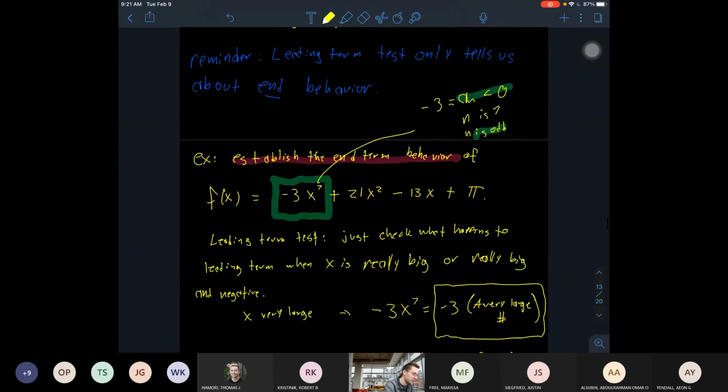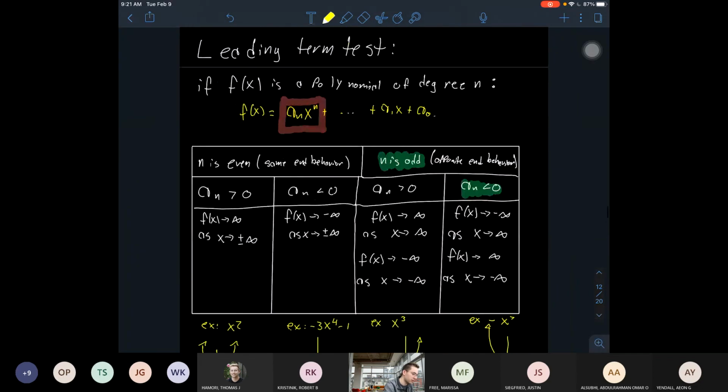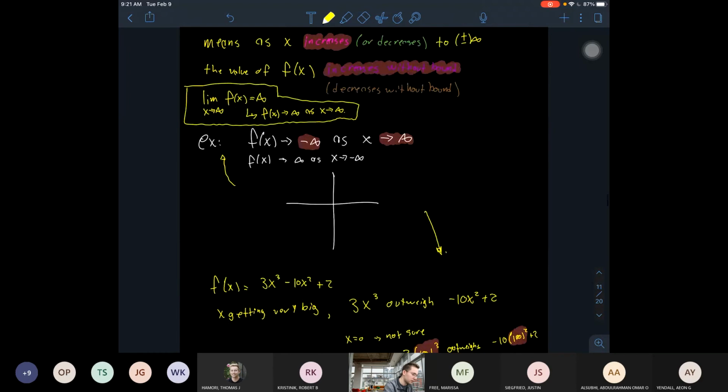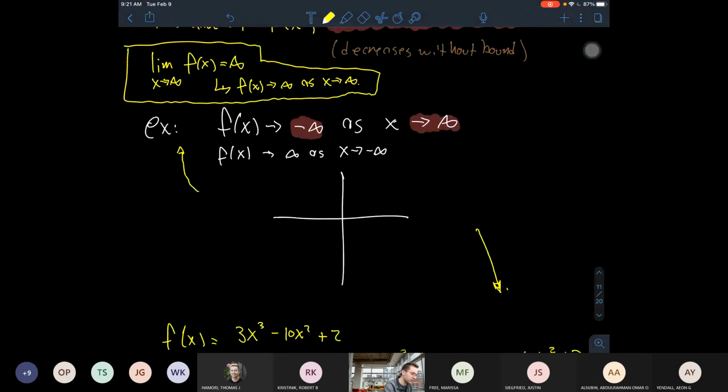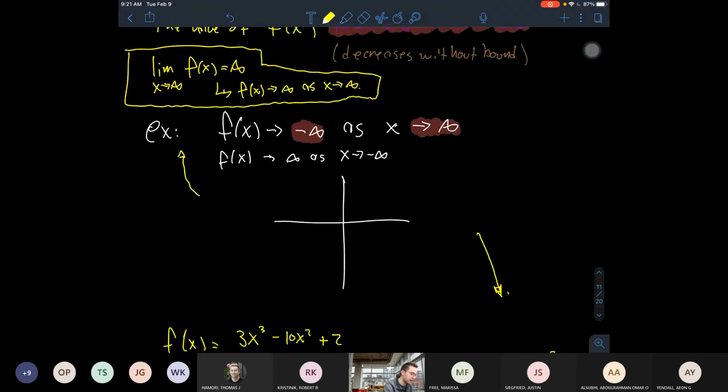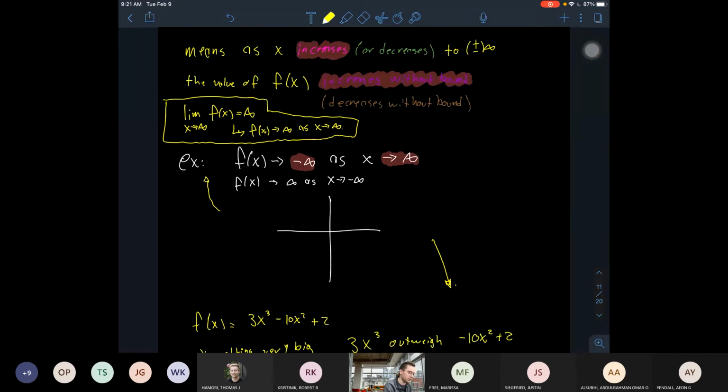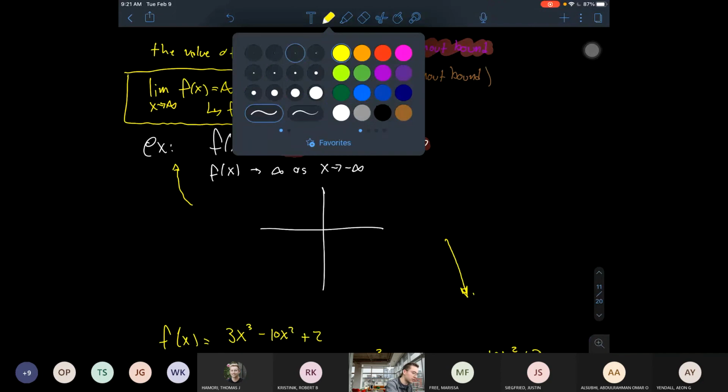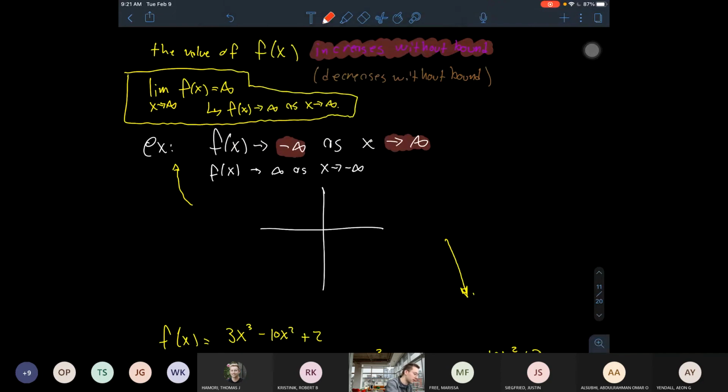That was the reason that I drew this graph here where I drew kind of this stuff on the sides, because I know what's going on at the sides, but I don't really know what's going on in the middle. So be careful not to get too carried away and say that just because the end term behavior looks like this, well, the middle could look all sorts of different ways, you know? It might look really crazy. Okay, we're just saying what's happening on the ends.